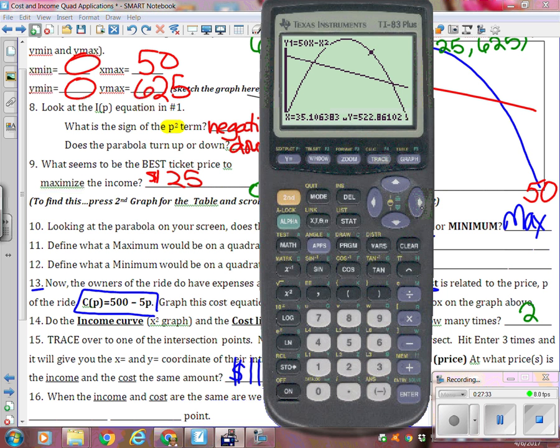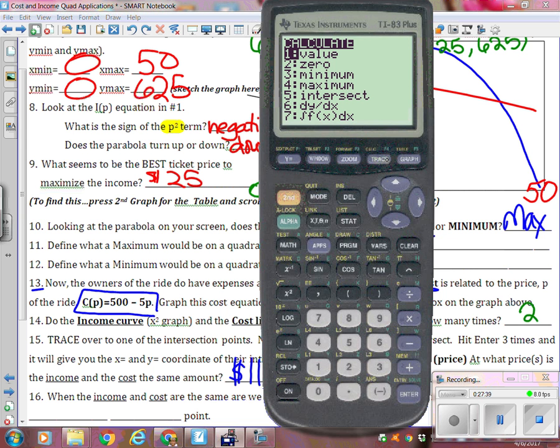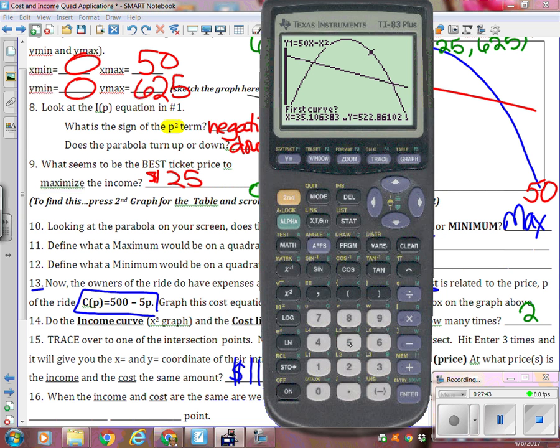As long as I'm closer to one side than the other, I'm good. Second, calc. And which one do I calc? Number 5, which is intersect. Then I'm going to press enter how many times? 1, 2, 3 times.